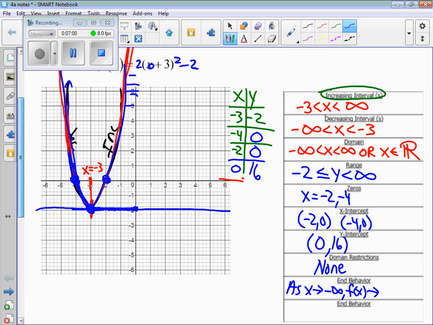So the left side of the graph is going up to infinity. Then as x goes to positive infinity, that's the right side of the graph, the y values go to where? It continues on this path to positive x values, and it's going to continue to go up to positive infinity.